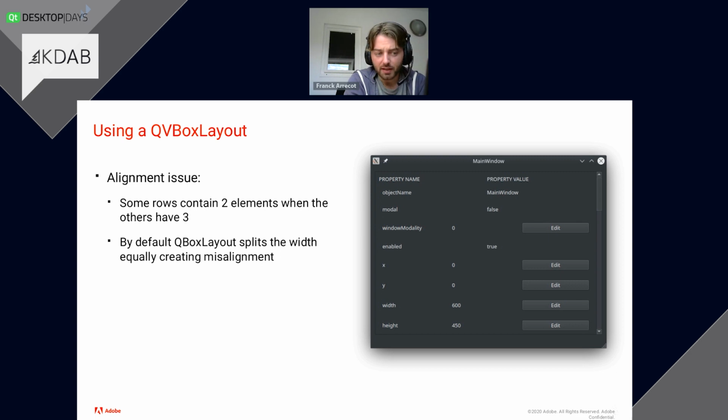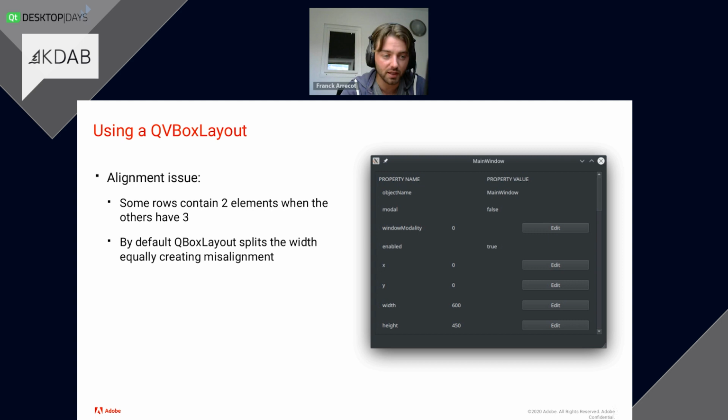The issue here is that some rows have 2 widgets, the property name and the property value, and some have 3: the property name, property value, and the button. Since the layout splits the space equally for each sub widget, it misaligns the content.